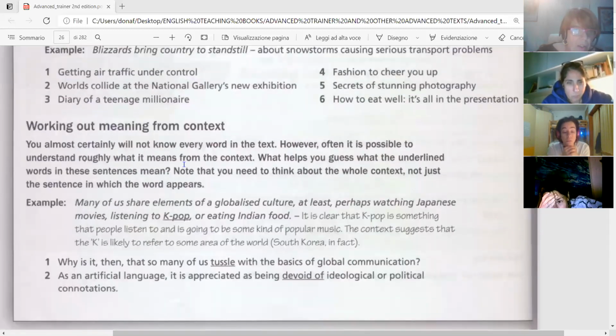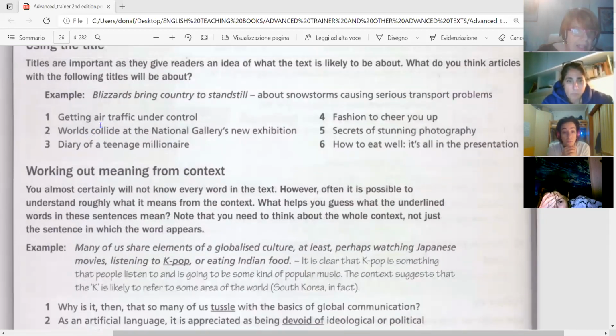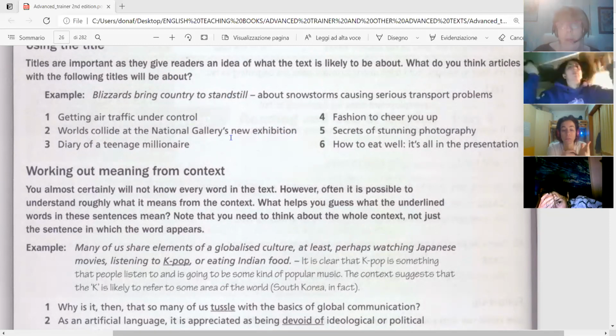So let's go back here. Here we have blizzards bring country to standstill, and you understand that it's about snowstorms causing serious transport problems. Now, if you should understand from the title what is going on in the article, what would you put? For example, getting air traffic under control. What could it be about?